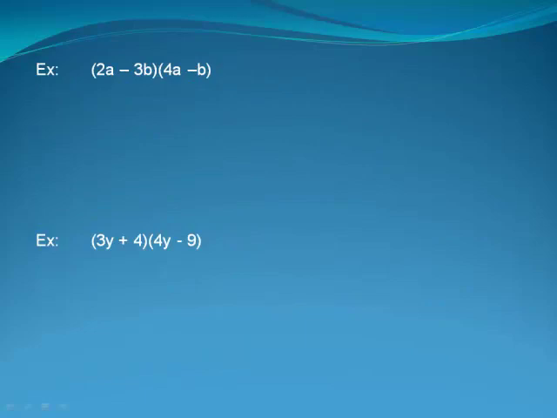All right, so let's look at this problem. Okay, let me label first, outer, inner, last for you. Okay, first, remember, was the product of the first term in each group. So the first term in each group, in this particular example, will be 2a times 4a. That's our first product.